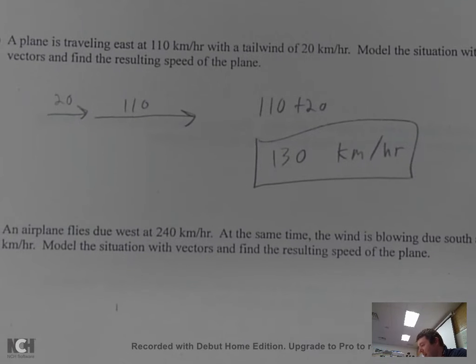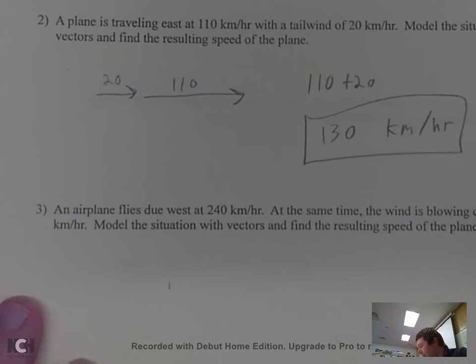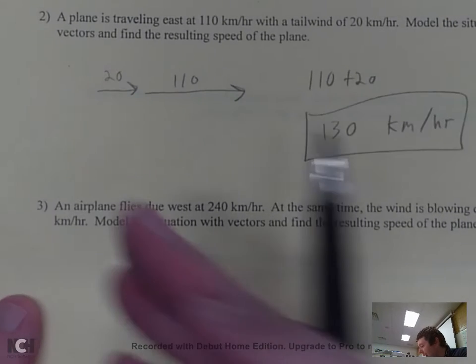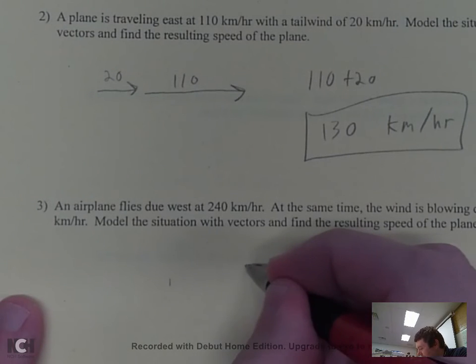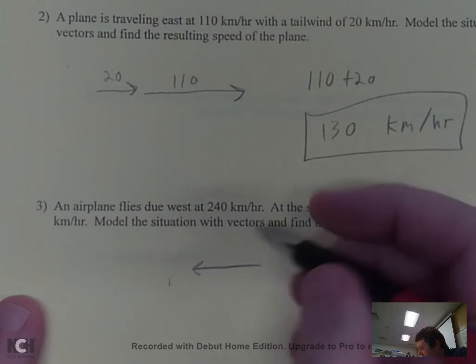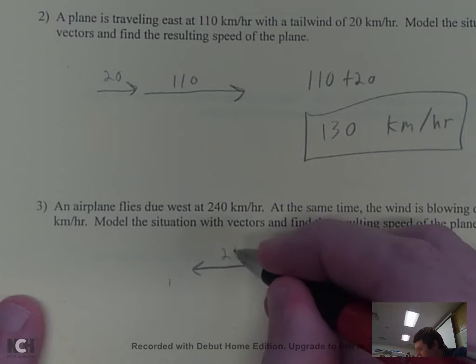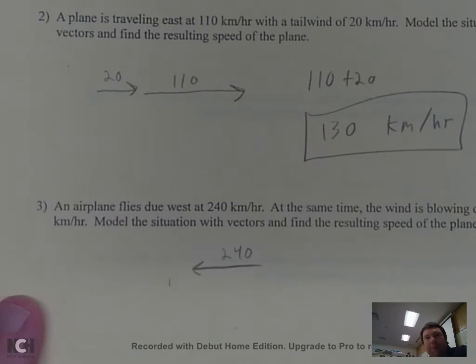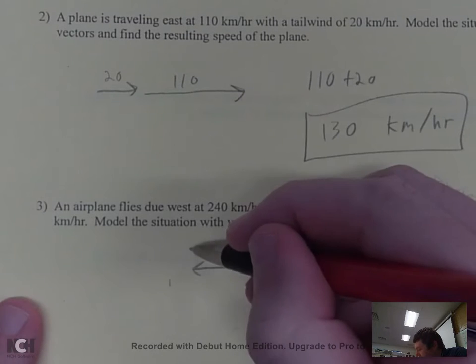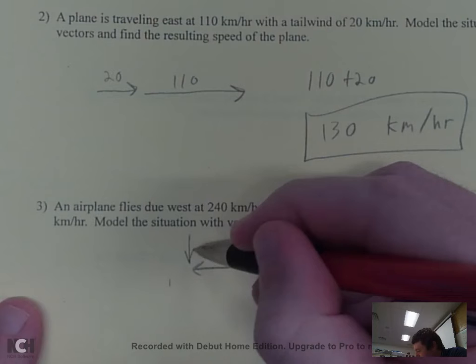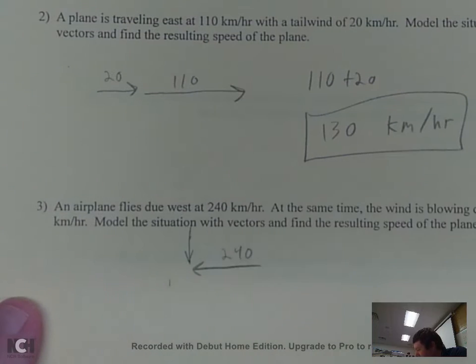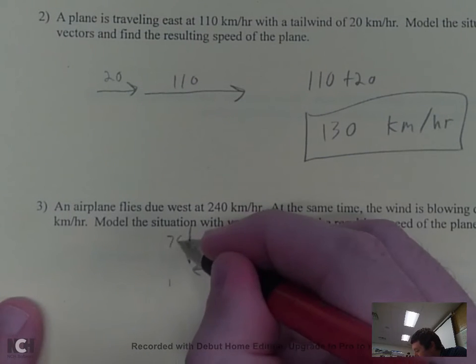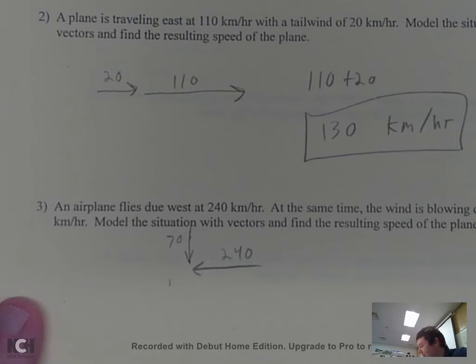Okay. So this time, an airplane flies due west, so going this direction, at 240 kilometers per hour. Okay. At the same time, the wind is blowing south. So we've got a southerly wind here, going at 70 kilometers per hour.